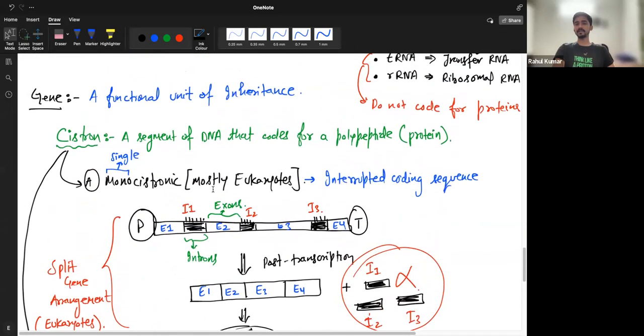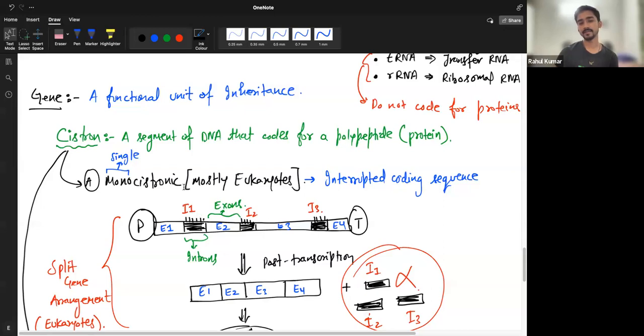The regulation part can be done in a monocistronic system, because every cistron is monocistronic. It has only one gene, that also is interrupted with introns. So there is lots of regulation that you can do when one gene is expressed.